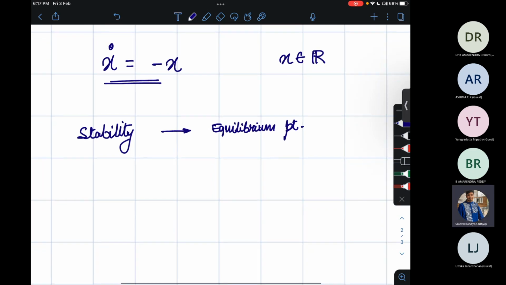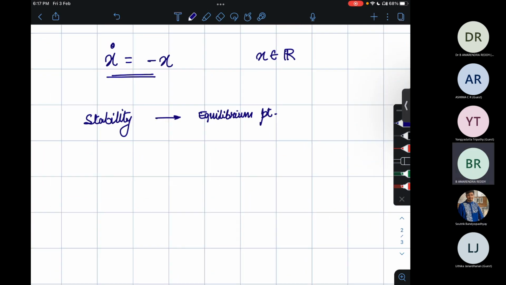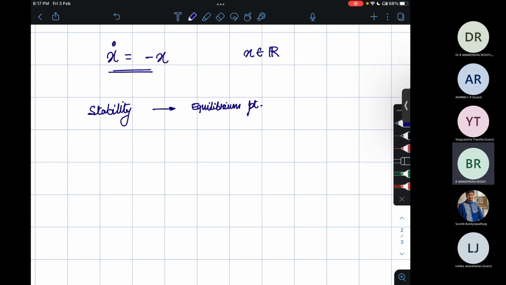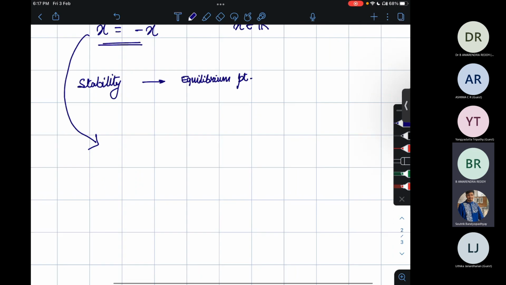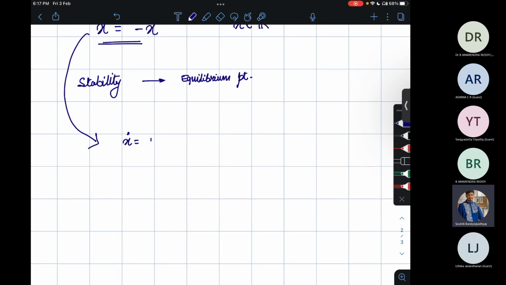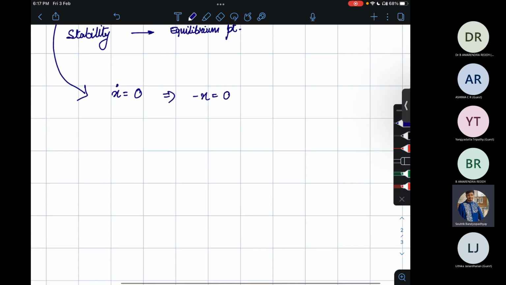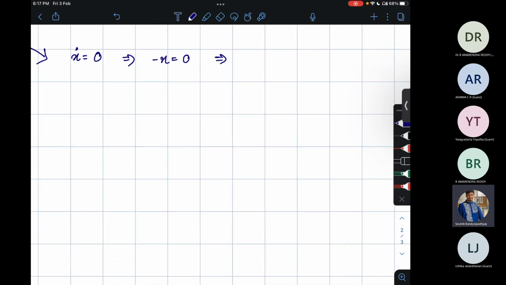How did you say that? We set x dot equal to 0, so minus x is equal to 0. Right. So x dot must be equal to 0, which implies minus x must be equal to 0, and in other words, x must be equal to 0. This is the equilibrium point, right?